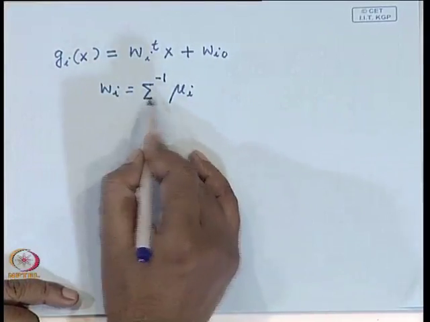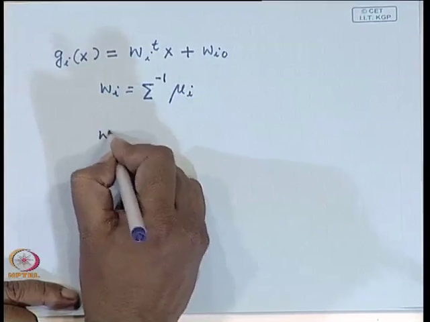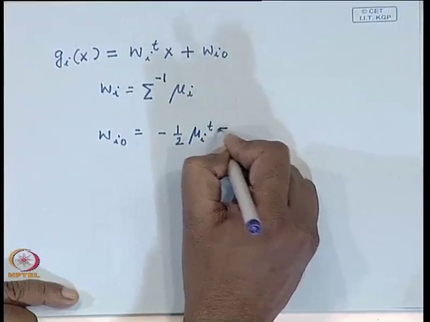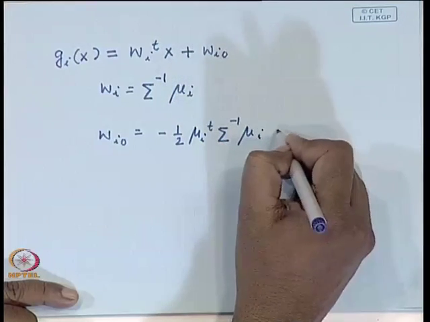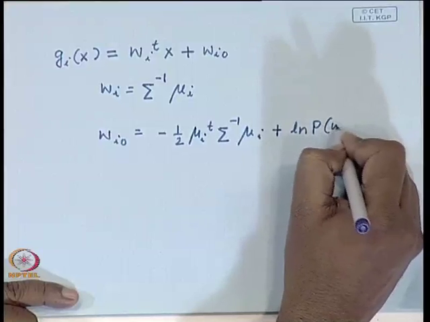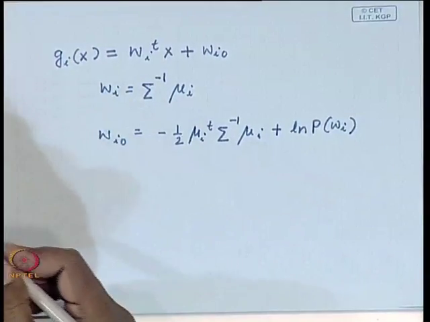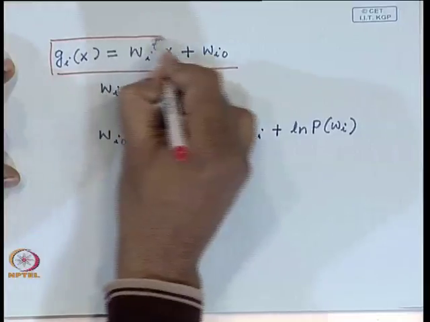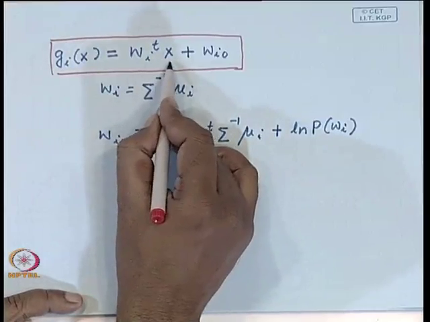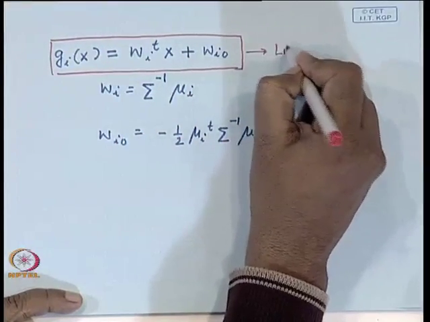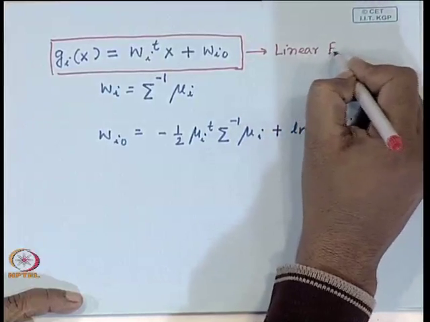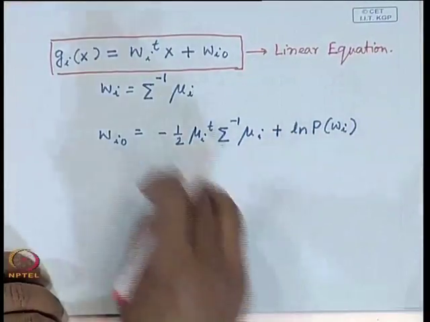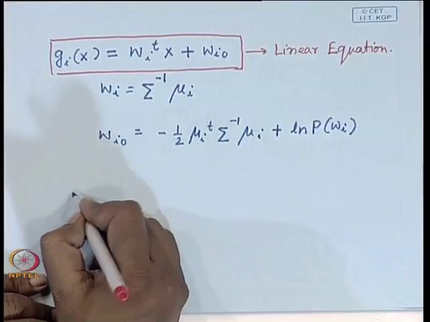And w_i0 is simply -1/2 mu_i^T Sigma^-1 mu_i + log P(omega_i). So, the discriminant function is again a linear equation, w_i^T x + w_i0, and our classifier making use of such linear discriminant functions again becomes a linear machine.